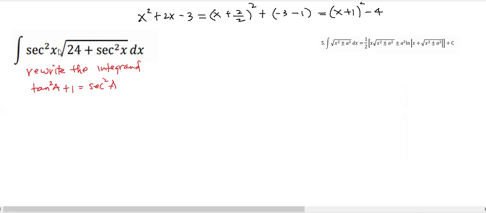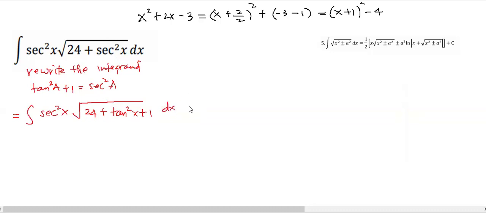Hayaan lang natin ito. So, parang we want to write this in terms of tangent. So, etong integral na ito becomes the integral of secant squared of x and then square root of 24 plus secant squared, which is tangent squared of x plus 1, dx.